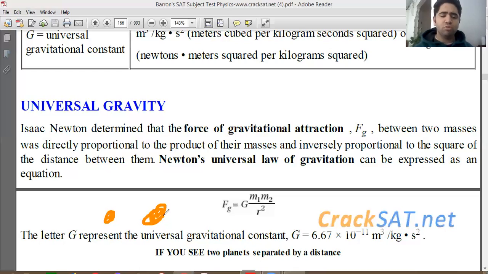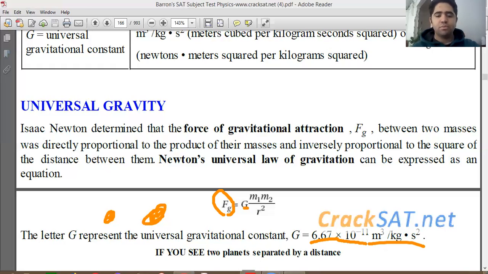So the rule is force of gravity is equal to G, and G essentially is the gravitational constant. It's a number, 6.67 times 10 power negative 11 meter cubed per kilogram second squared.